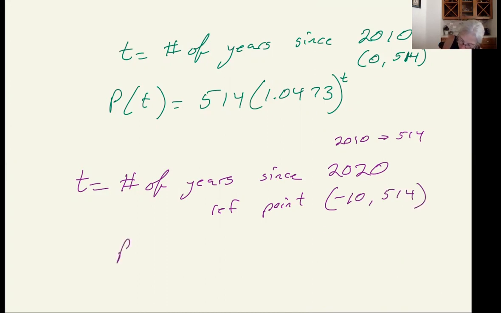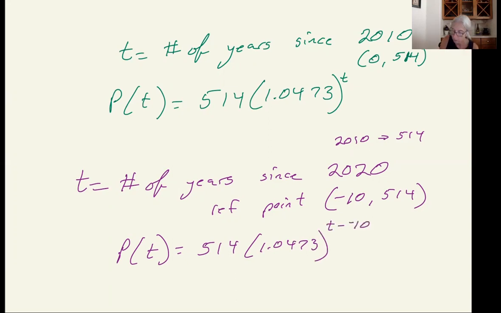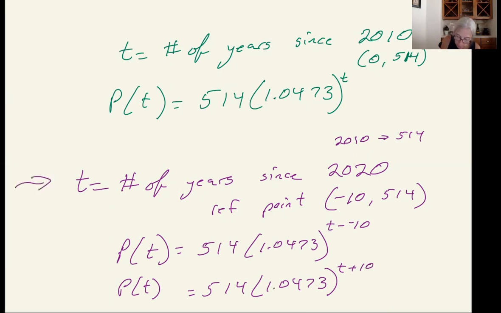So when I go to write my formula now, I would have 514 times 1.0473 raised to the power of T minus negative 10. Or I could say P of T is 514 times 1.0473 to the T plus 10. So we have to be careful how we're defining our variables, because every time we define a variable, that affects what my reference point is. And that effect on my reference point has a major effect on how I write my formula.